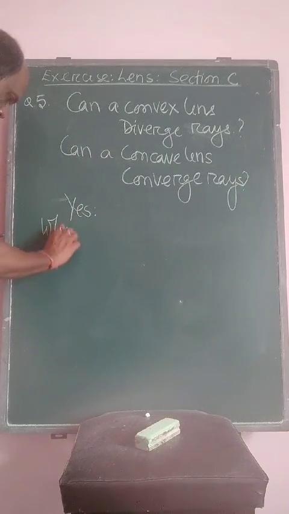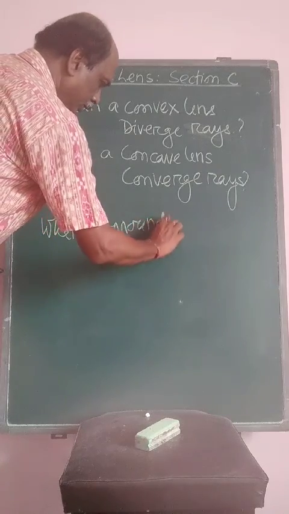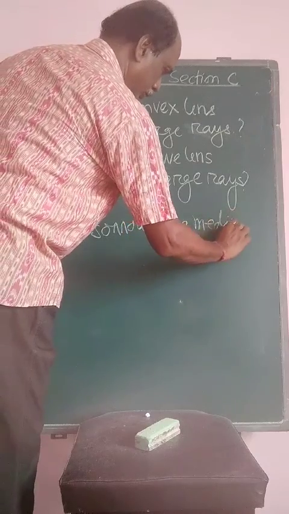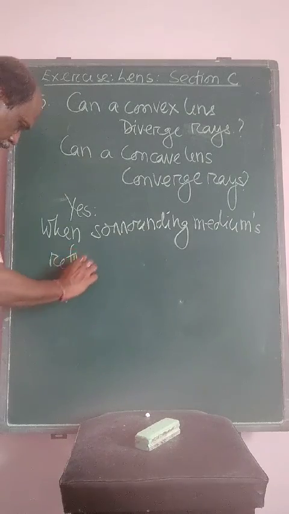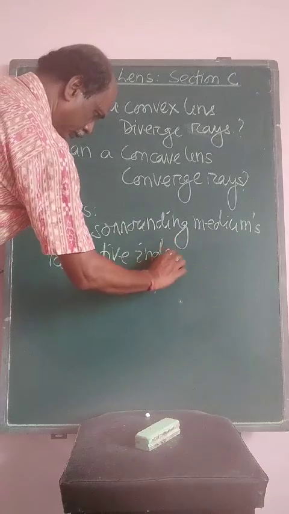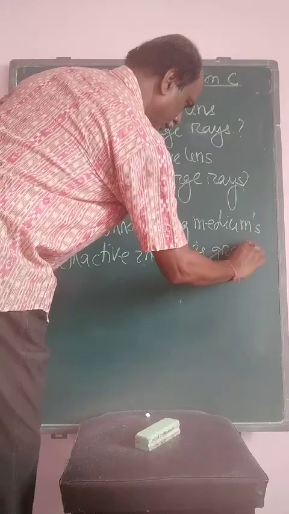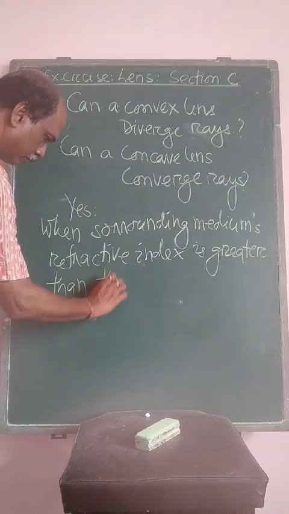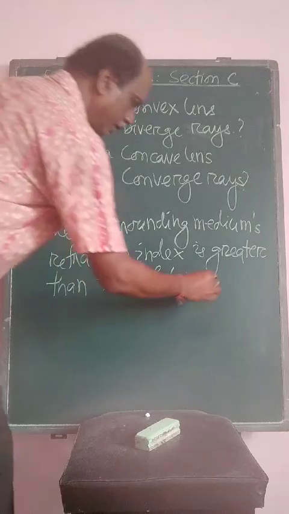When the surrounding medium's refractive index is greater than that of the lens material.